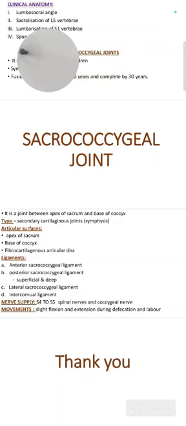The ligaments are the anterior sacrococcygeal ligament, the posterior sacrococcygeal ligament that includes a superficial and a deep layer, the lateral sacrococcygeal ligament, and the last is the intercornual ligament.